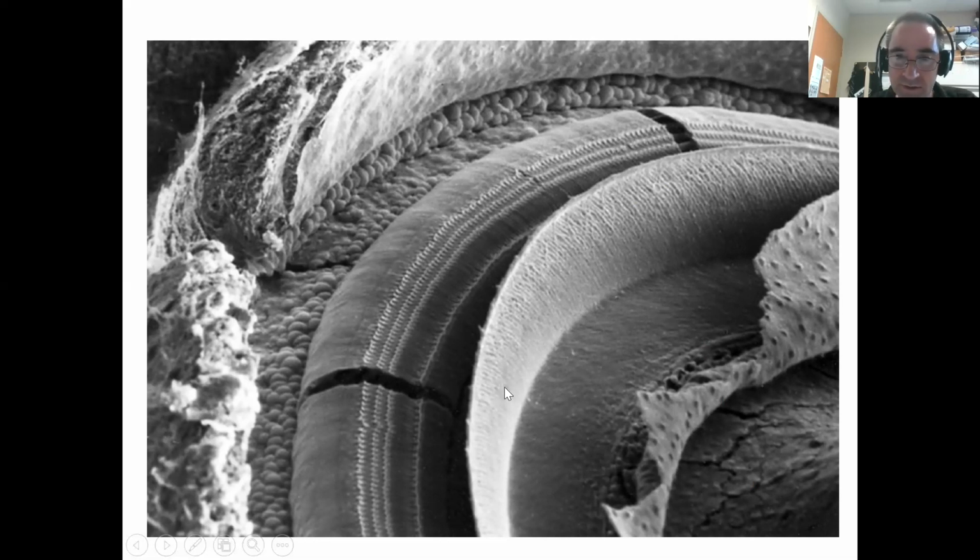What's being done in this picture is they've actually cut off the tectorial membrane. So here's the edge where they've taken away the tectorial membrane, because it should be lying over this whole structure, like that.